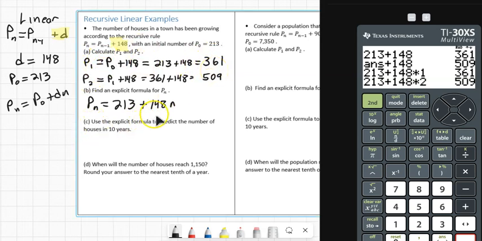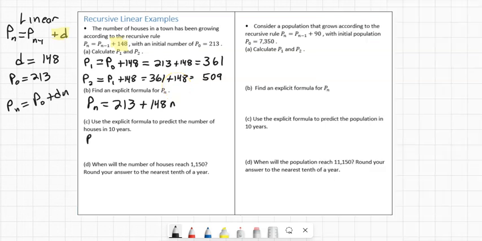For part C, we want to find the number of houses in 10 years. Now in this problem, it doesn't actually tell us that n is the number of years. So we're going to have to assume here. Let's assume n is the number of years. So then we're looking for P sub 10. It's the most obvious assumption. Is it correct?